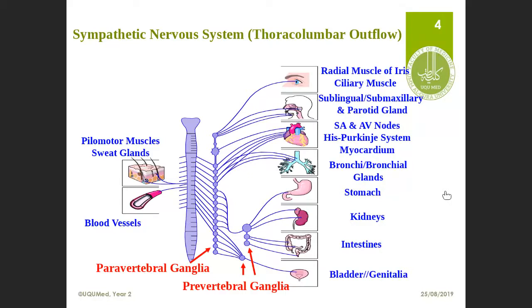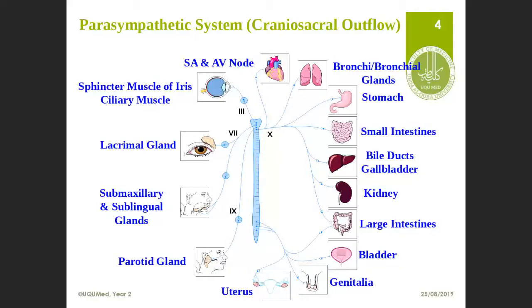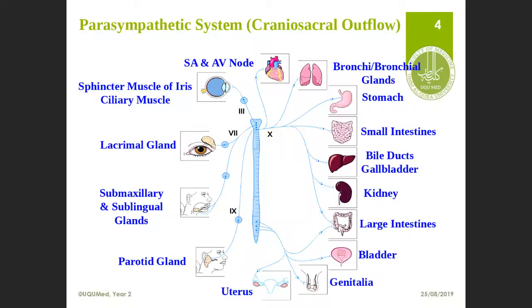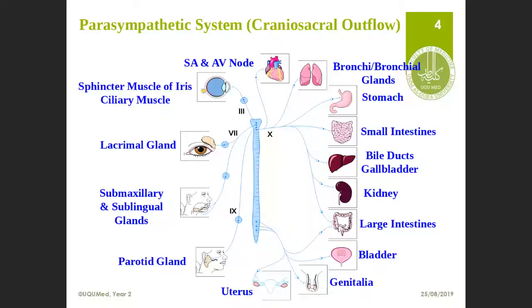Yes. If you see our parasympathetic system, it has a craniosacral outflow.